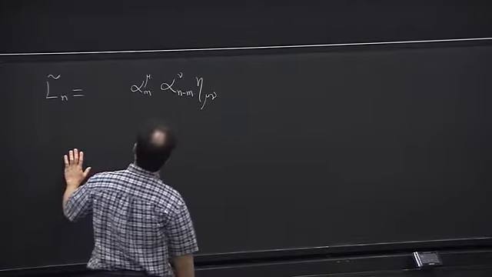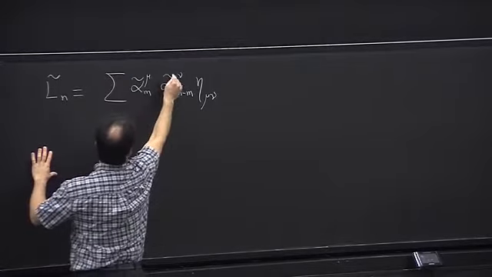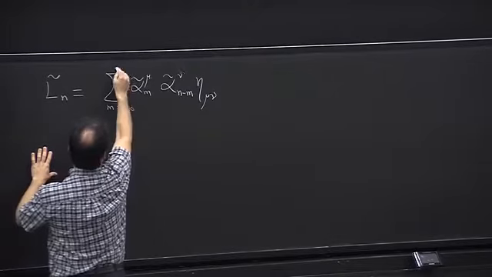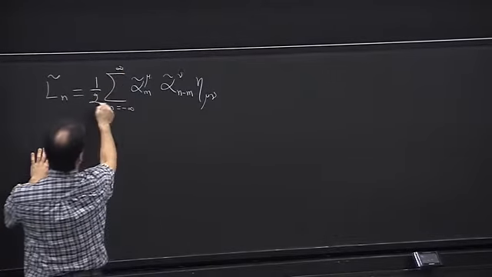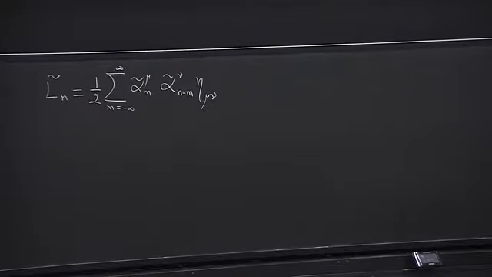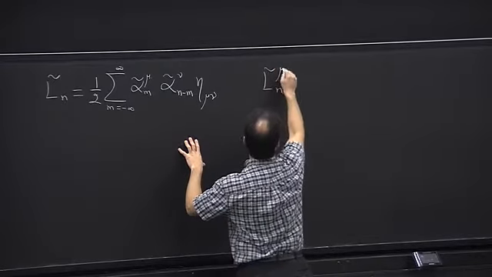Okay. Now it turns out that the full answer is just the sum over all m's, and the normalization was chosen so that we just get a half. So that looks quite nice, but it looks even better if we use our notation.